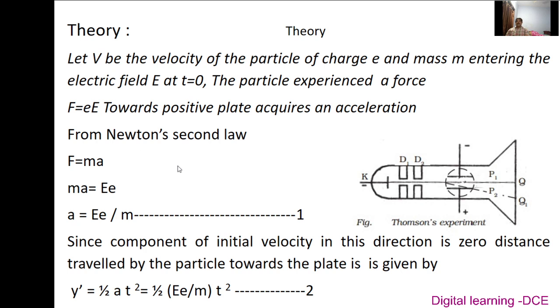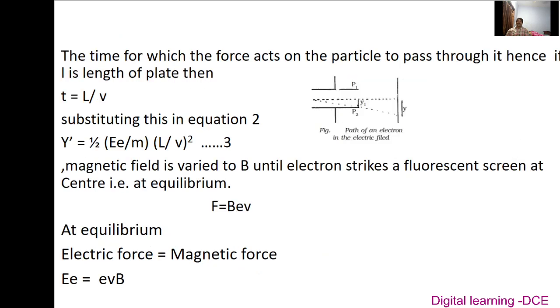In this experiment, the distance traveled is taken as y dash and the initial velocity is 0. Therefore, that equation becomes y dash is equal to half a t square. Now, substituting the value of a in this equation, we get half into eE by m into t square. Call it equation number 2.